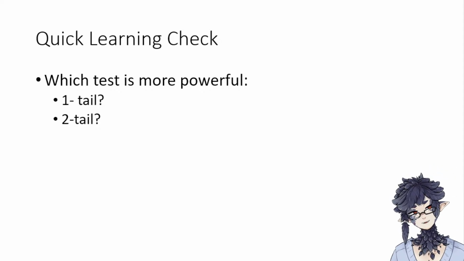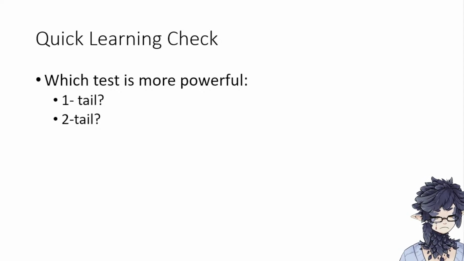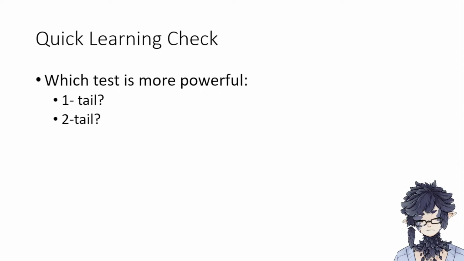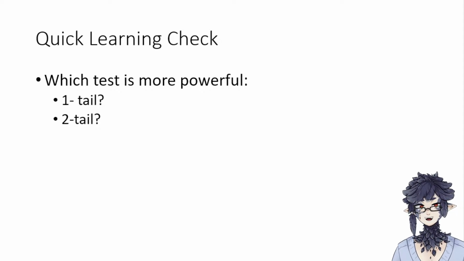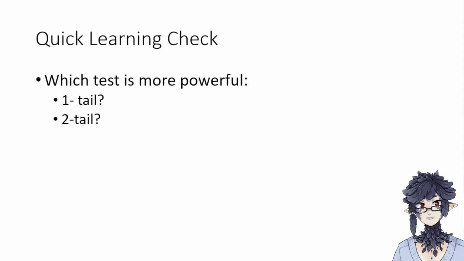Which one makes it easier to reject the null? One-tailed or two-tailed? I should set up a poll. I'll call the poll POWER in all caps. One-tailed, and then two-tailed. So which one has more statistical power? Which one makes it easier to reject the null?